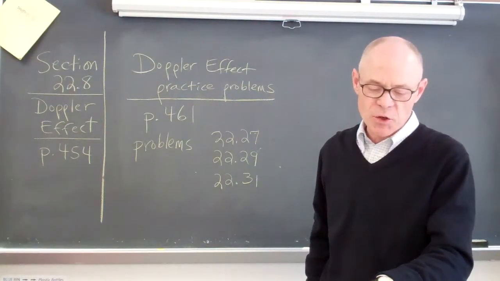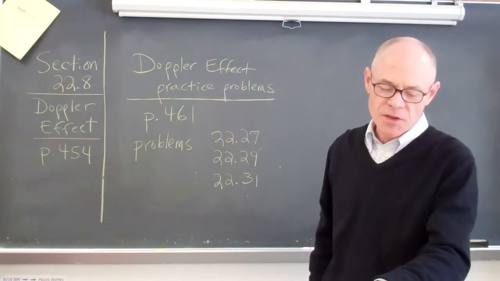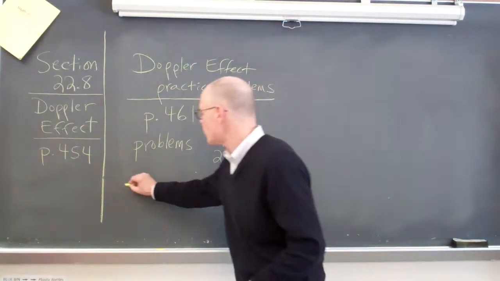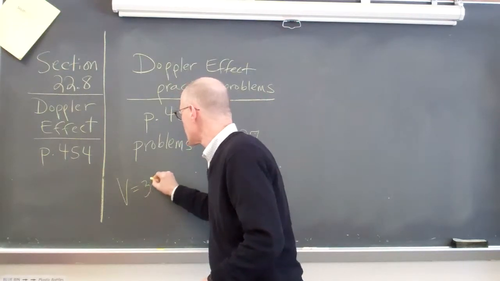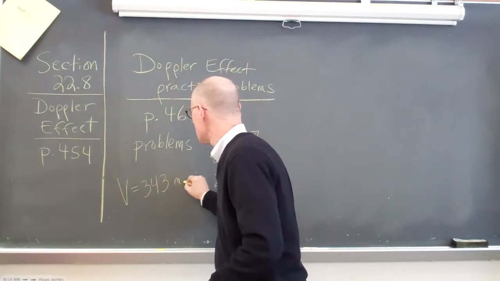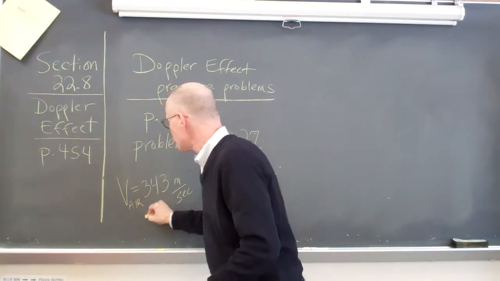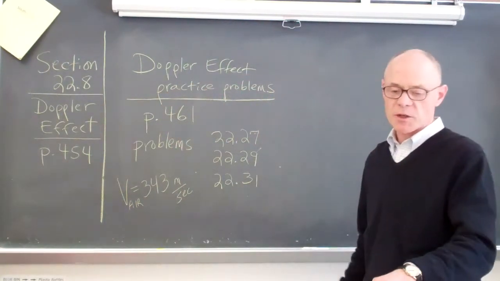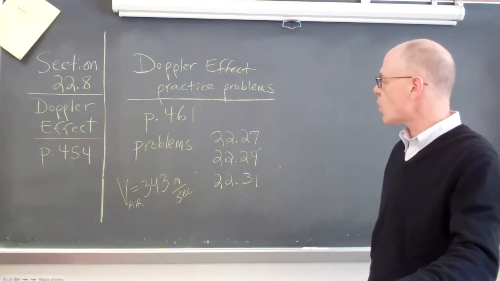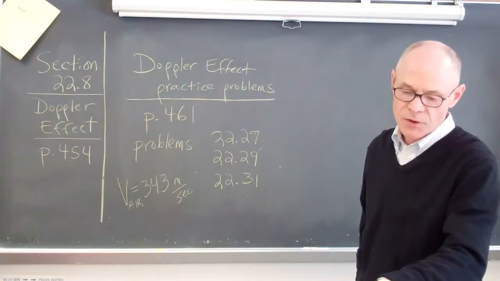So in each of the individual problems, you're not told what the speed of sound in air is, but we're assuming it's the same speed of sound in air, 343 meters per second for all of those problems.